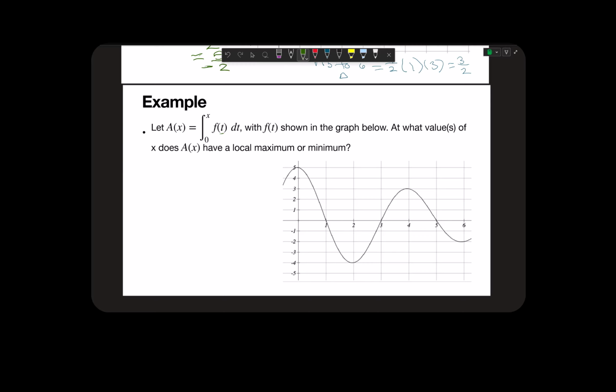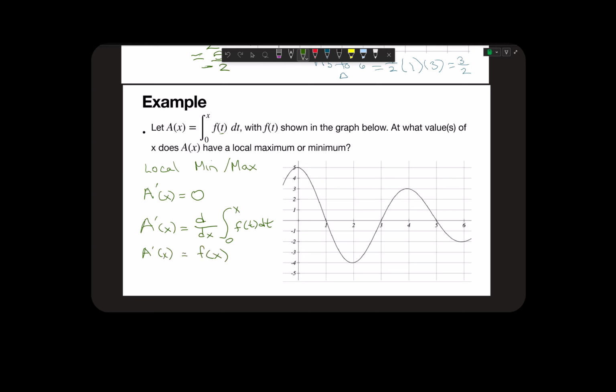At what values of x does A(x) have a local min or max? To find the local min or max, we need the derivative to equal 0. If I take the derivative of both sides, the derivative of the integral, as we've said before, is equal to the actual function.